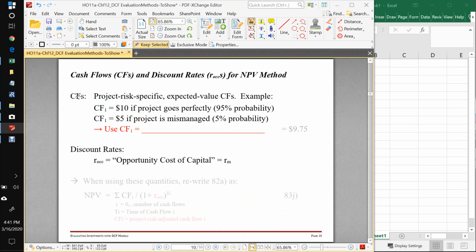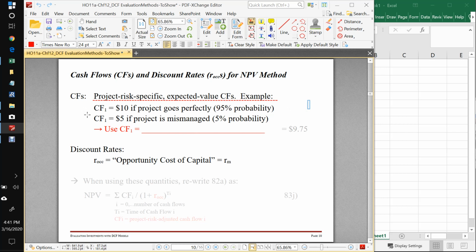So for cash flows, we always want to use, just like we did in the past two chapters, our project risk specific expected value cash flows.